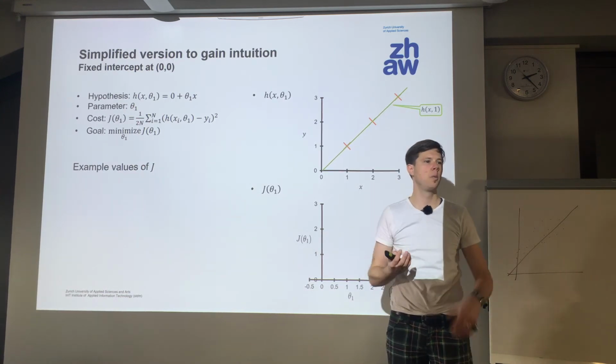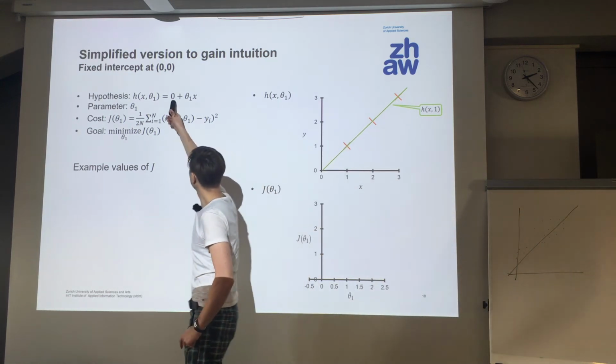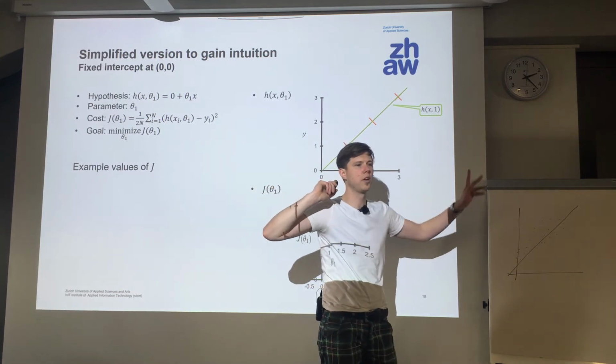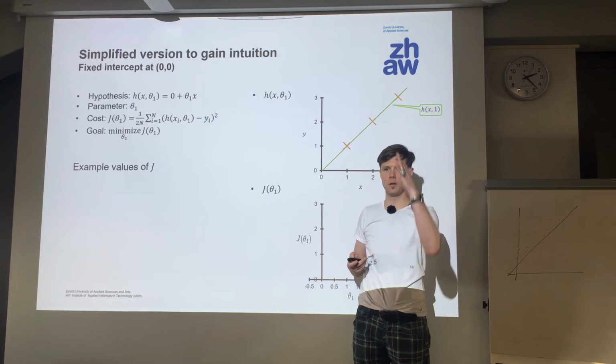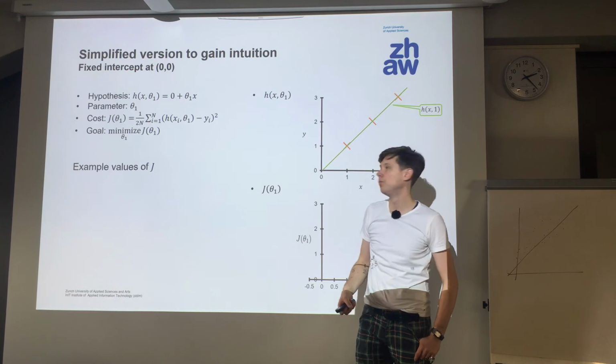Intuition, how this loss function works. Let's quickly go over that. Our hypothesis, and to make it very intuitive, we pick out one of the parameters and just work with a single parameter, the gradient. We fix the y-axis intercept at 0.